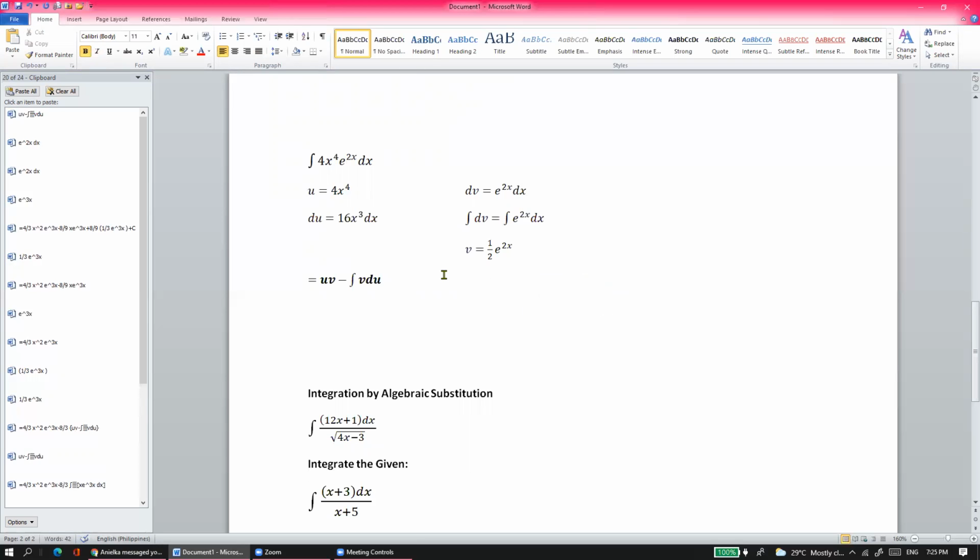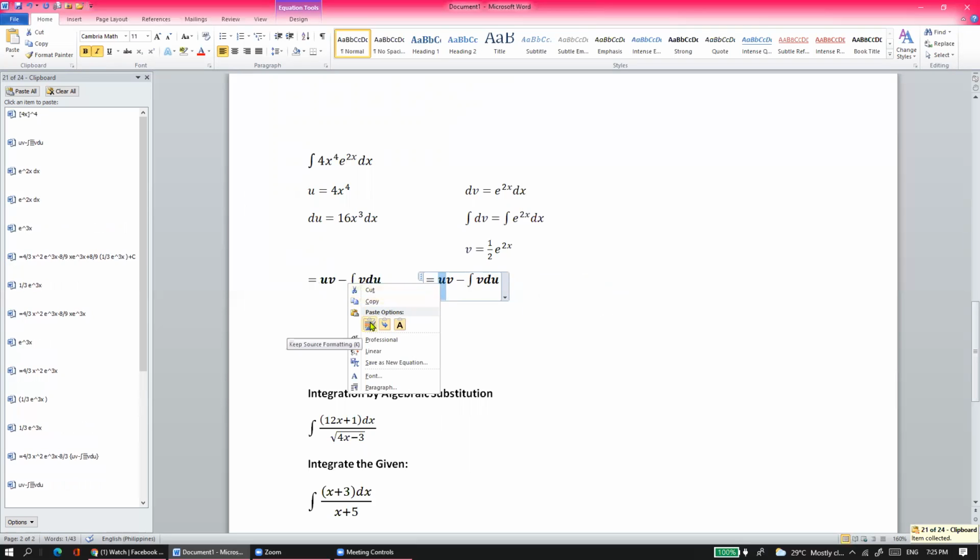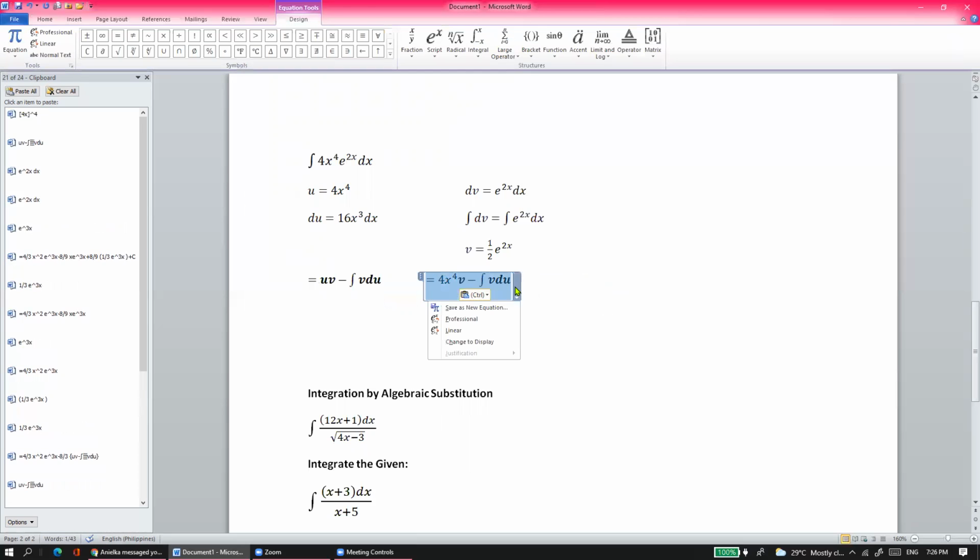Copy ko ulit. Dito na lang. So, by this time, we will do the direct substitution. Ang value ng u ay 4x to the 4. So, ibig sabihin, ang u dito, papalitan ko ng 4x to the 4, and then saka ko lang lalagyan ng grouping symbol para maiwasan yung pagkalito.